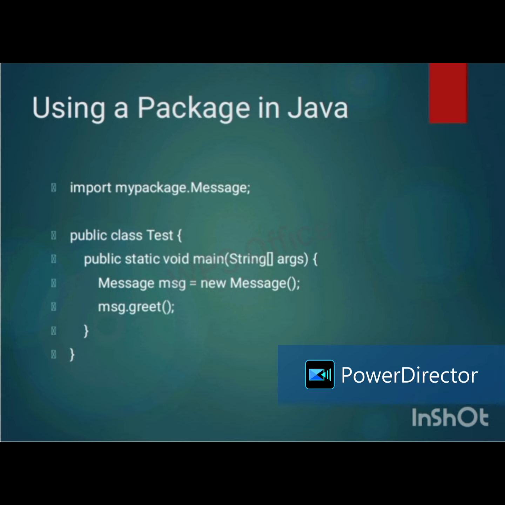Suppose we have created a class called Message inside a package named myPackage, like this. Now let's say we want to use this Message class from another class located outside myPackage. Here's what's happening: the import statement tells the Java compiler where to find the Message class. Once it's imported, we can create objects and call methods just like we would with any other class.